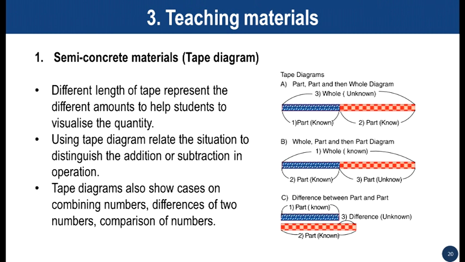So you can see the first tape diagram shows part to part and then whole diagram relation. B, we have a whole part and then part of the diagram. So these are examples of tape diagram.